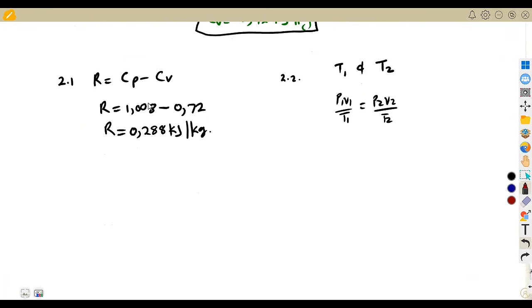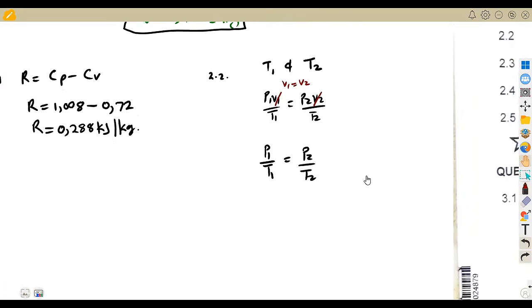But in this process, V1 is equal to V2, so they cancel because it's the same. We remain with P1 over T1 equal to P2 over T2. This one is going to be difficult for us to use because we have two unknown values, temperature 1 and temperature 2.